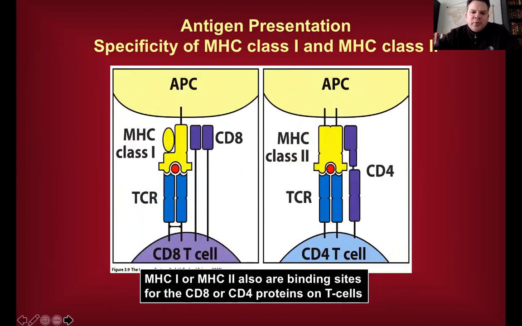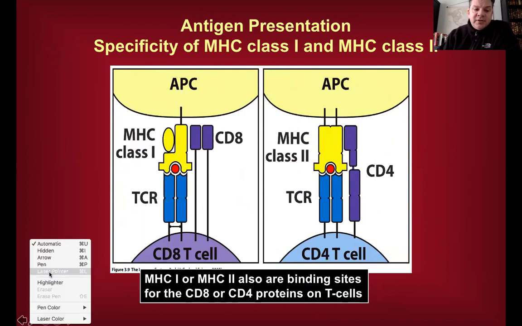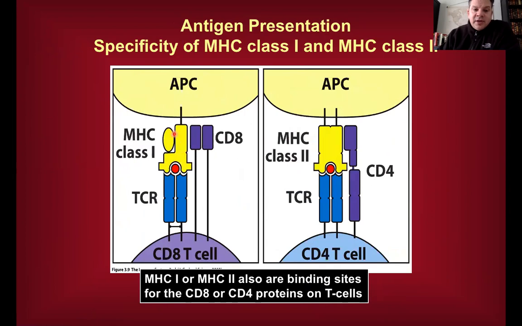Okay, so this is important to start to think about how you get this tight binding between 2 cells. The antigen presenting cell is on top, all right? And what you see is that it has the MHC molecule. On the left here, this is MHC class 1.